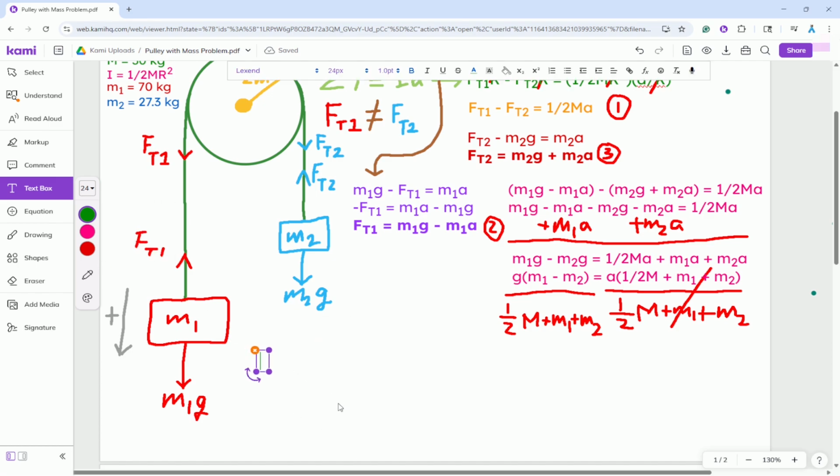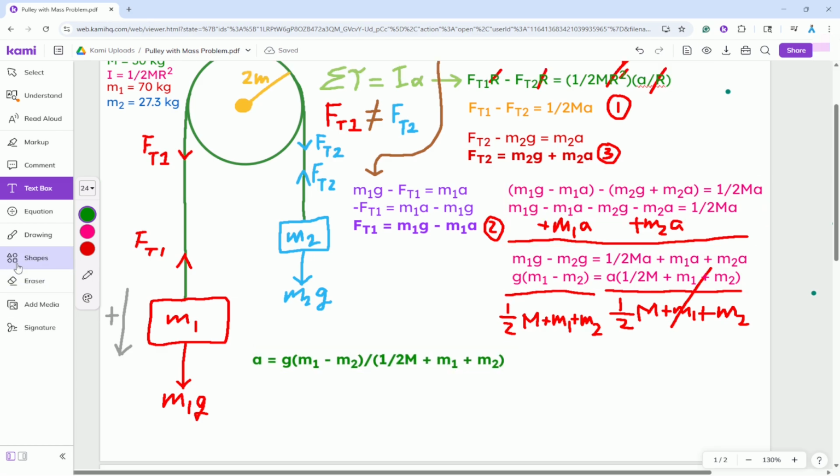Yay! A is equal to G times M1 minus M2, all divided by 1/2 M plus M1 plus M2.